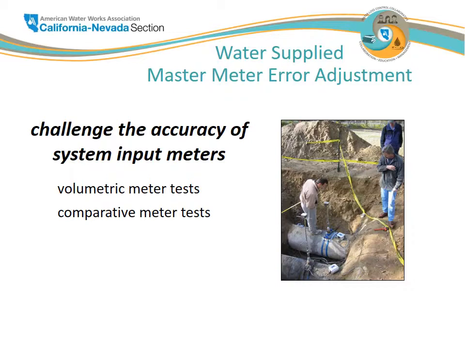You're seeing whether, if you pass a full tank's worth of volume through the meter, it does indeed register all of the volume you know has passed through it. The other way to do that is to do a comparative meter test, such that you're introducing a trustworthy meter into the picture and comparing what that meter reads to the meter that is in place.